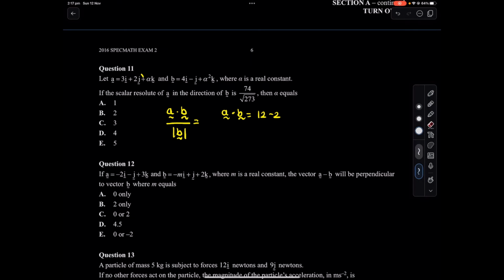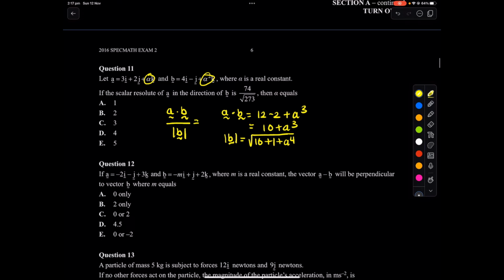So I can just take that and put it here. And the next one is alpha times alpha cubed. Simplifying that, it's just 10 plus alpha cubed. The magnitude of B is easy. It's just the square root of 16 plus 1 plus alpha to the power 4.